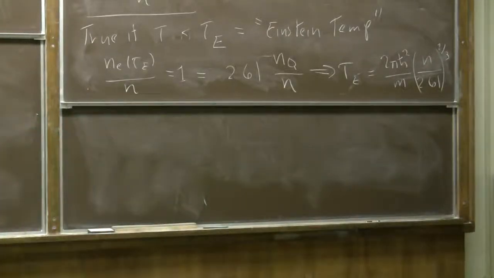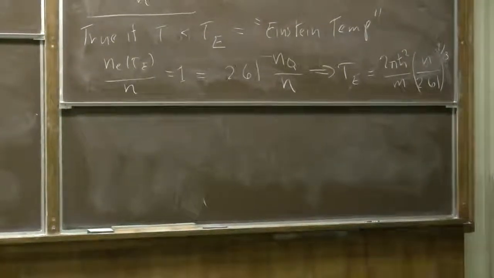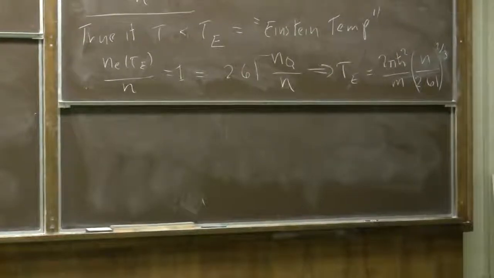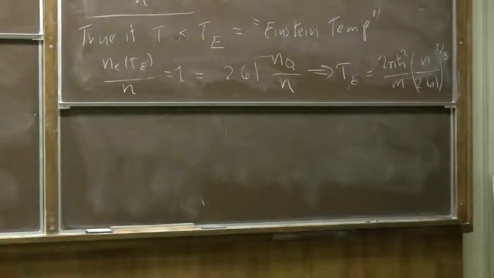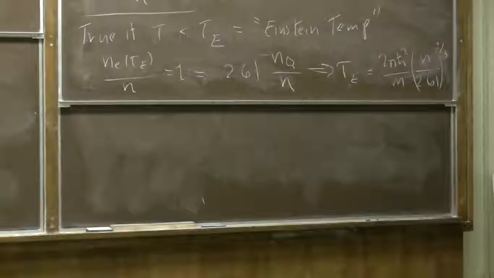Well, as we've discussed before, when the concentration is equal to the quantum concentration, that means that the typical separation between particles is comparable to the de Broglie wavelength of a particle with temperature tau. So the gas starts to condense when the particles are dense enough in that sense, where their wave functions are starting to overlap. Okay?